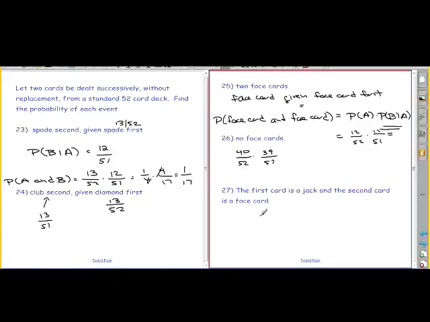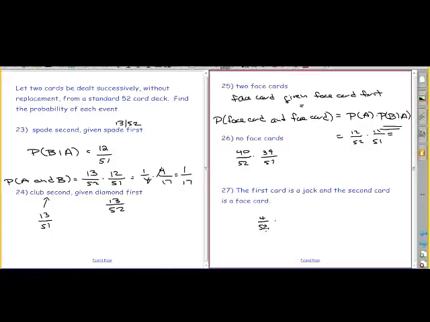Okay, let's look at this one. The first card is a jack. The probability of picking a jack is 4 out of 52. So that's the probability of event A happening. Now, a jack is a face card. Oh, it says both are jacks. Okay.